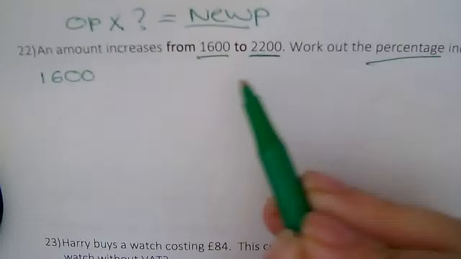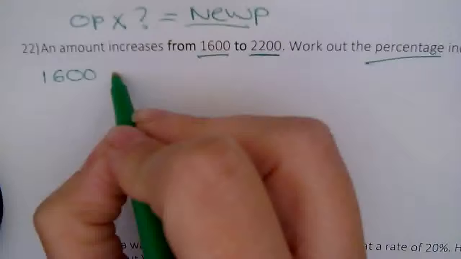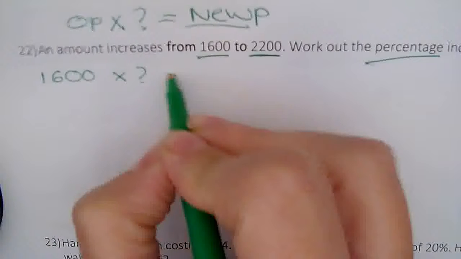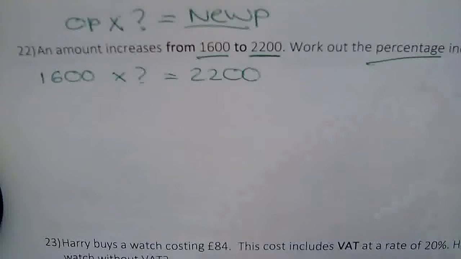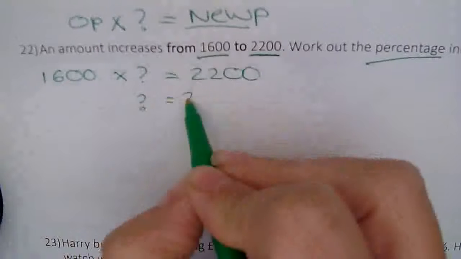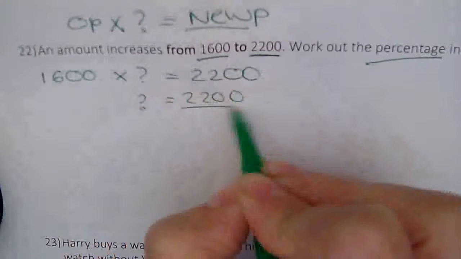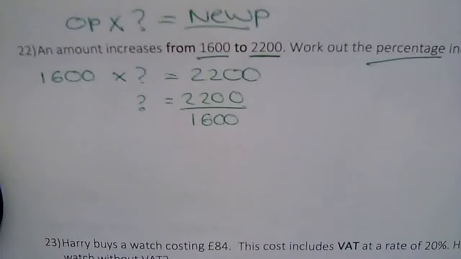So if you imagine that was £1,600 gone up to £2,200, 1600 times something takes you to 2,200. Now, inverse operation, we'd have to do 2,200 divided by 1,600 to answer that question.